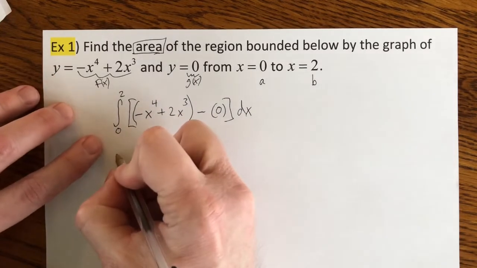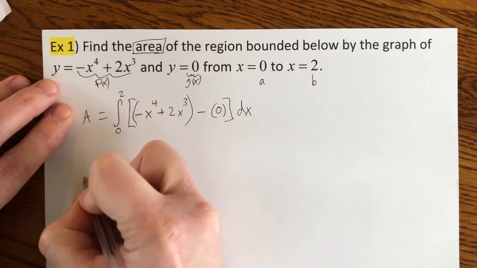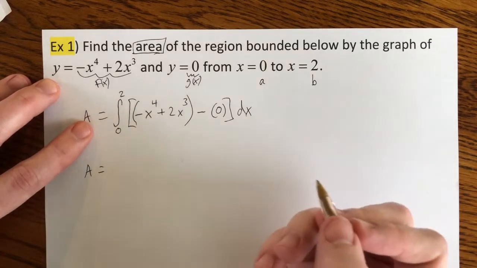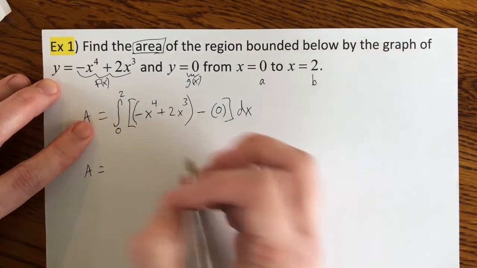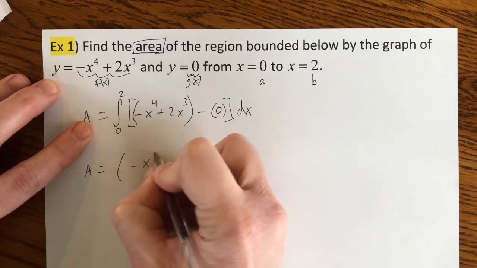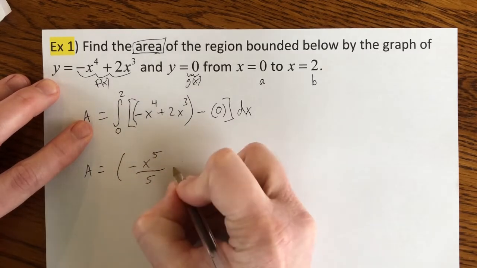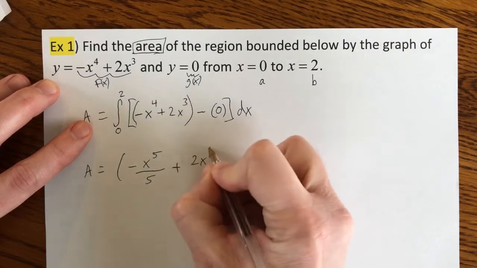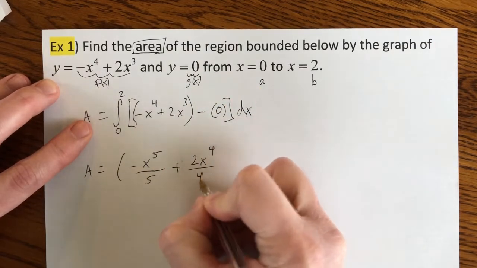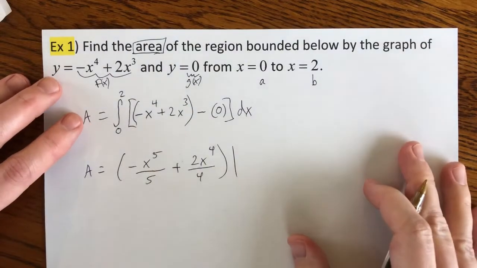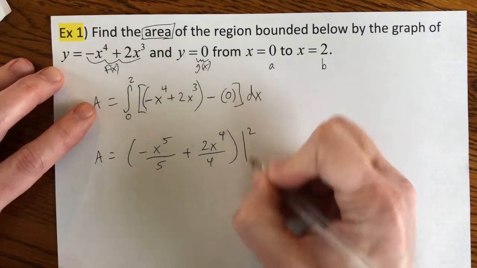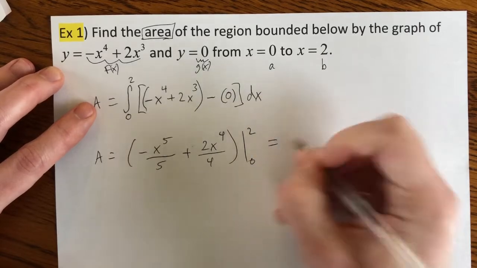Okay, so let's go ahead and evaluate this integral. We would get what here? Well, we would get negative x to the fifth over 5 plus 2x to the fourth over 4, and we're going to evaluate this definite integral over the interval from 0 to 2.